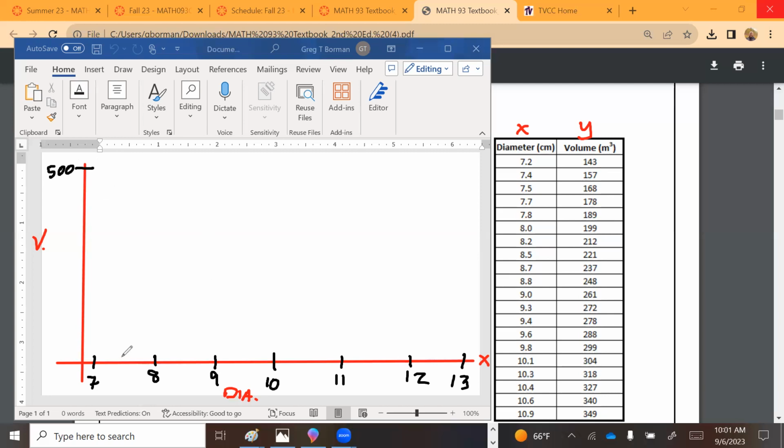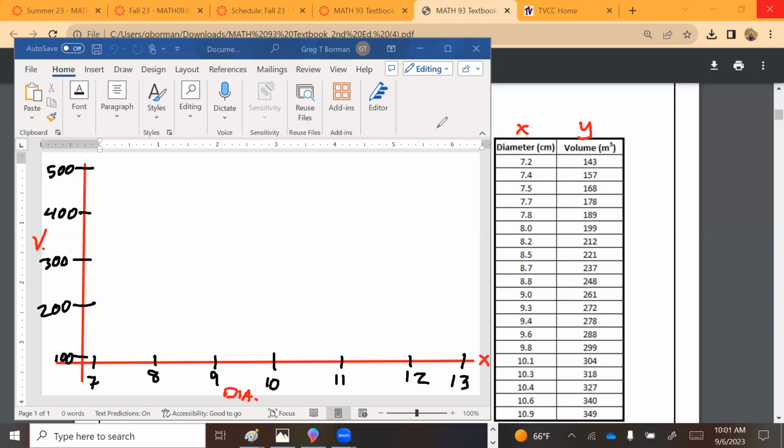I'll start at 100, and then we need 200 about there, 300 about there, and 400 about there. I know it's not perfect, but if you do it on graph paper, it'll be better.